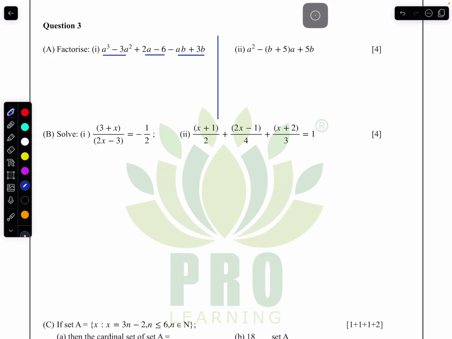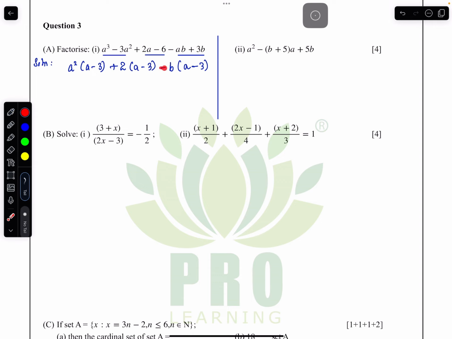By looking at the first term, a square is out, a minus 3, plus 2 is a common factor out, a minus 3. Minus b is a common factor out because you have to maintain a positive, so minus b. Minus and b is out, so we get a as the element left inside, a minus 3.